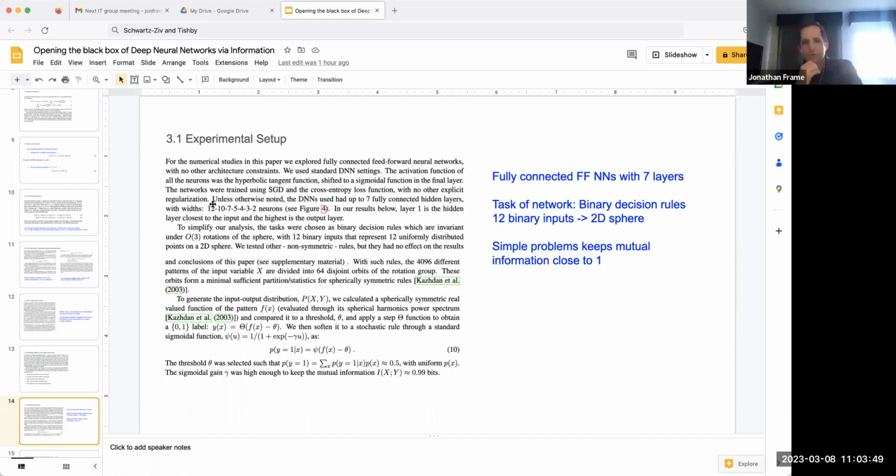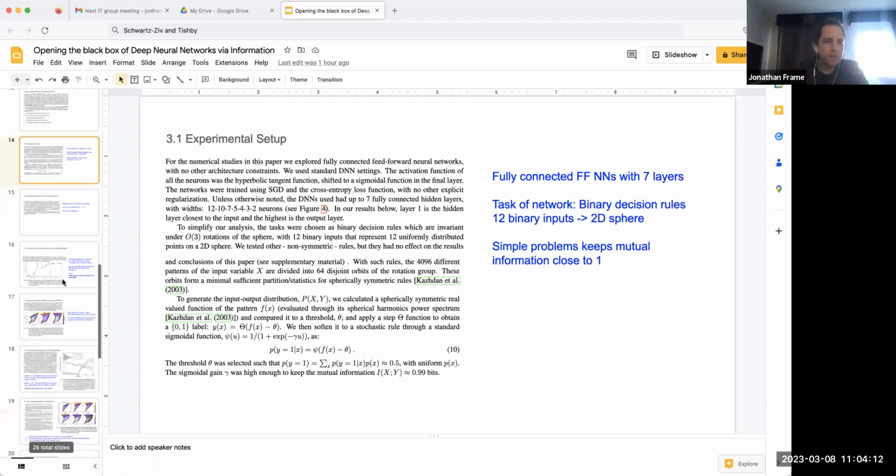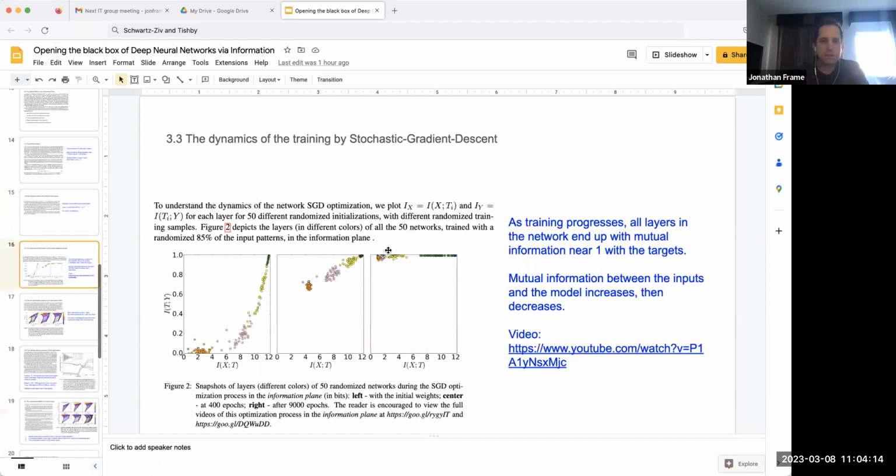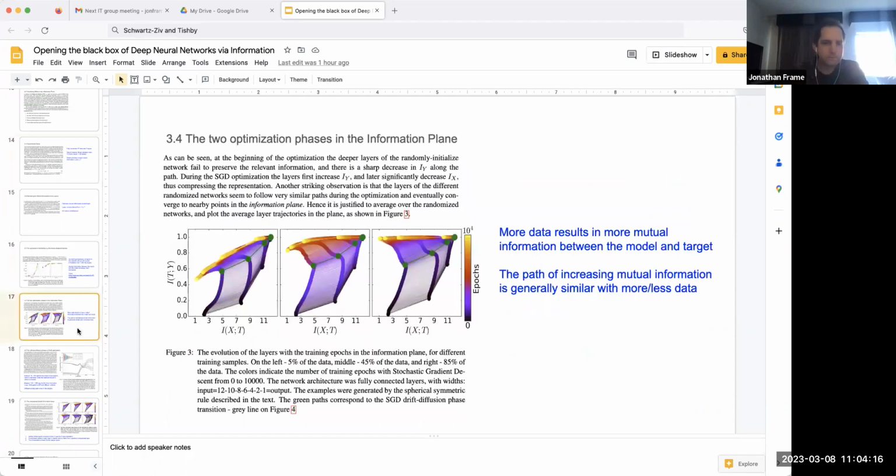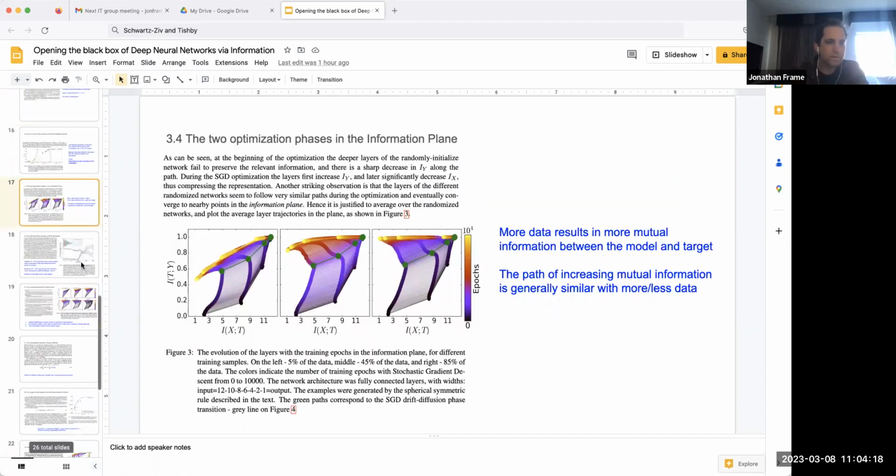I'm not sure I agree, but I can't really say why. So in this situation, the input is the same. So I think, if you look at the individual layers themselves, let's see.